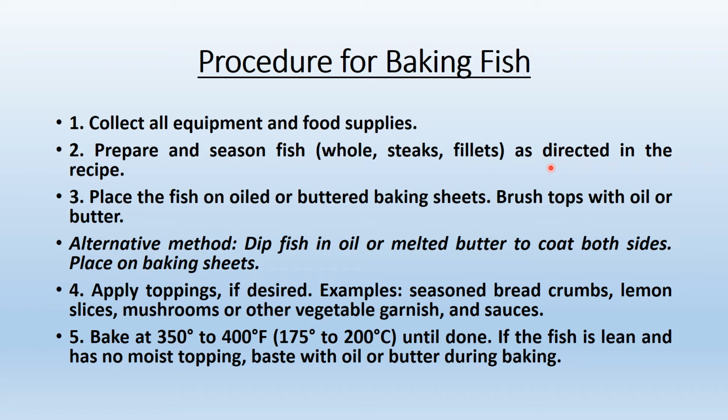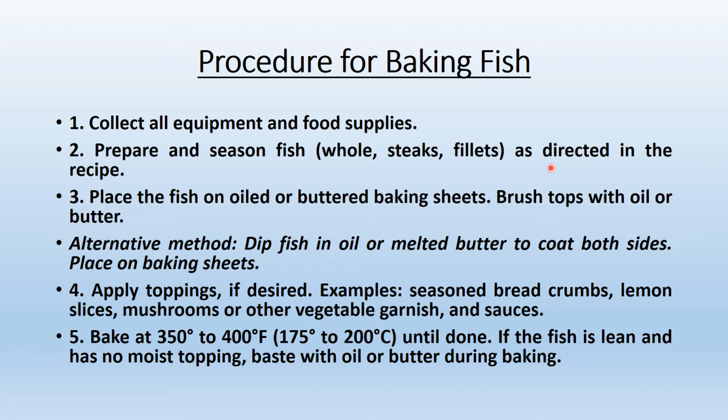If the fish is lean, very important, if the fish is lean and has no moist topping, baste with oil or butter during baking. So what that means, if you're doing a whole fish and you know that the fish doesn't have any oil, any fat in the skin, in the flesh. For example, again, let's go back to the snapper.